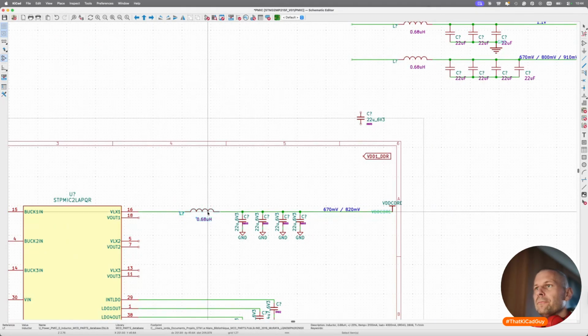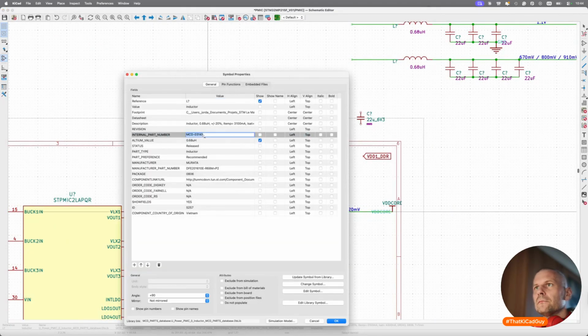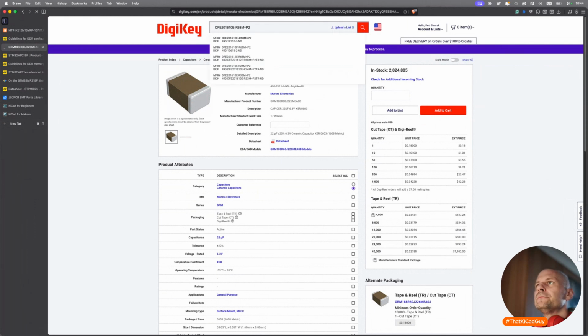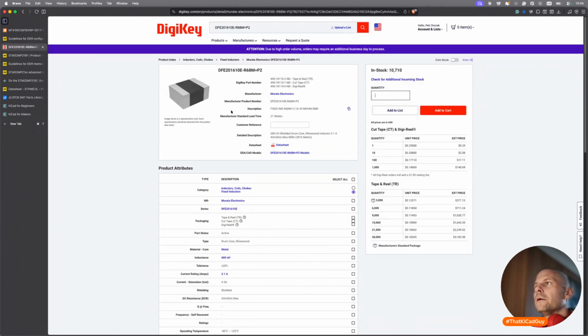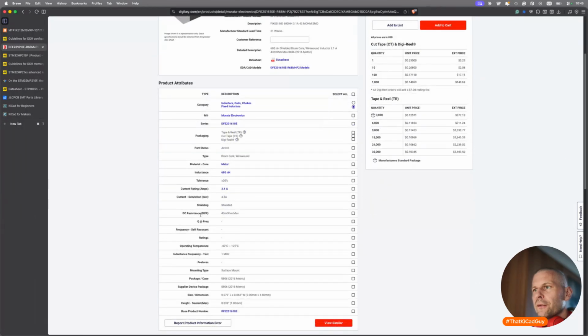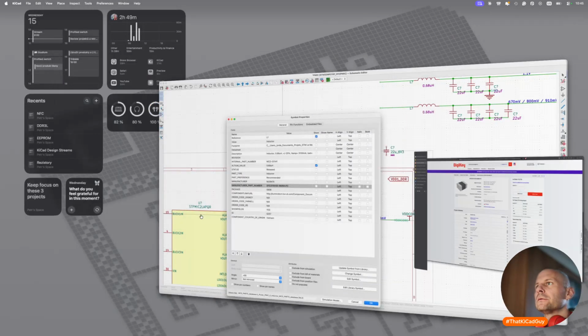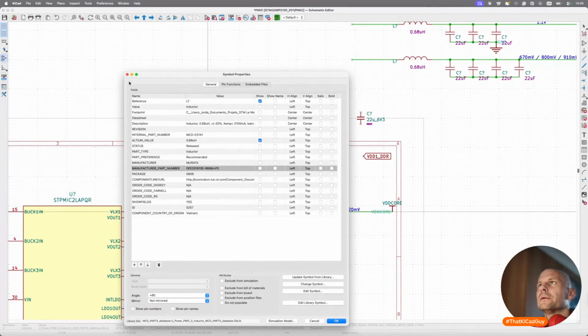what's this? Internal. Oh, we don't need internal. We need external. Inductor 680 nanohenries. Package is 2016. Okay.